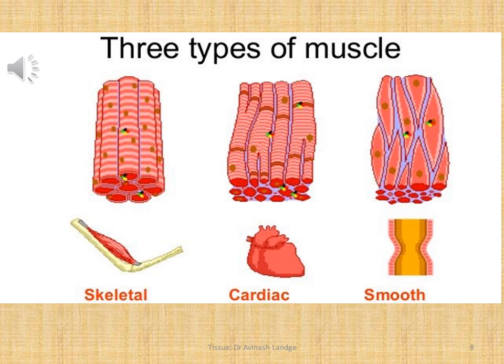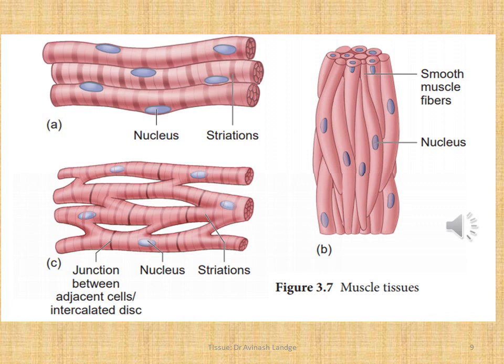Let's see next, that is cardiac muscles. Next figure we'll see how cardiac muscles look. They are branched and uninucleate, and what are their other properties, let us see. So here are cardiac muscle fibers, third type of muscular tissues, shown in figure C. We show C, junction between adjacent cells, intercalated disc, nucleus, striations.